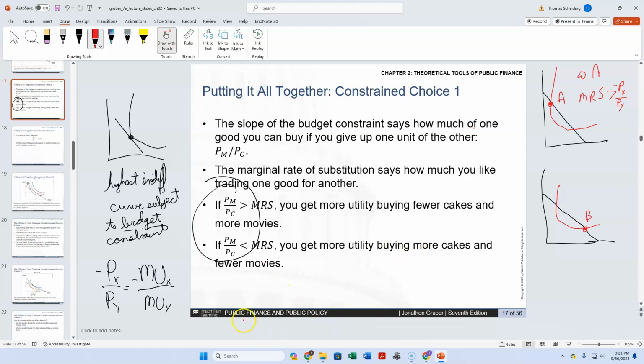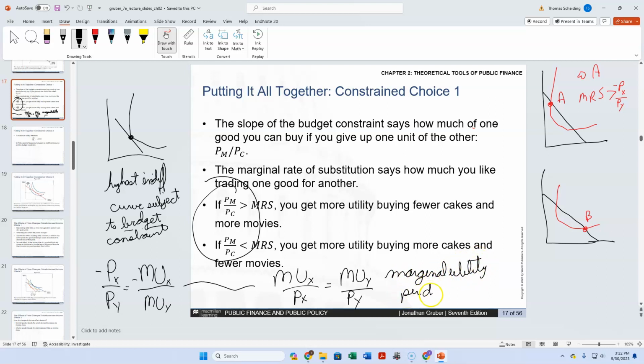Or if we start rearranging the terms here, let's do this a different way. Let's go back over to here. If I cross multiply and rearrange these terms, I'll end up with MUX over PX equals MUY over PY. That the marginal utility per dollar spent is equal.